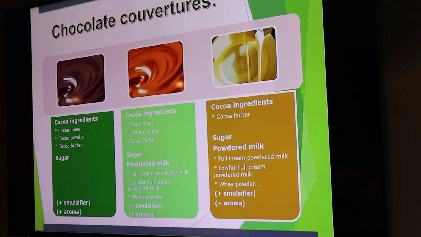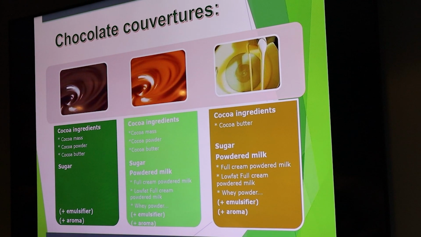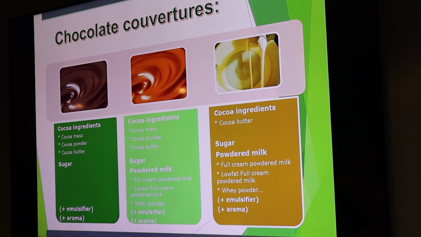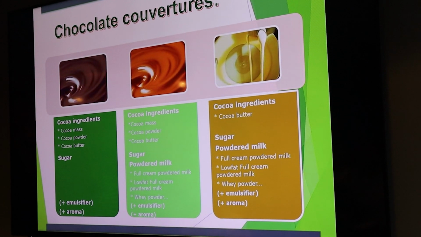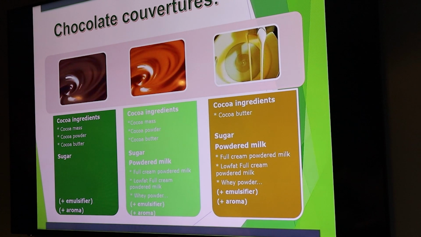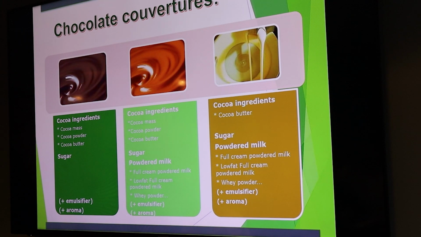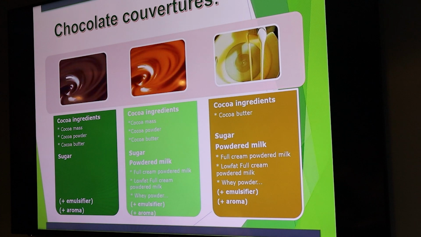The same procedure with white chocolate. We have the same ingredients. And people think white chocolate has to be as white as possible, but it's not true. White chocolate more or less consists of cocoa butter, sugar, emulsifier, and milk powder. But you can get white chocolate which is as white as paper, or like this one here.